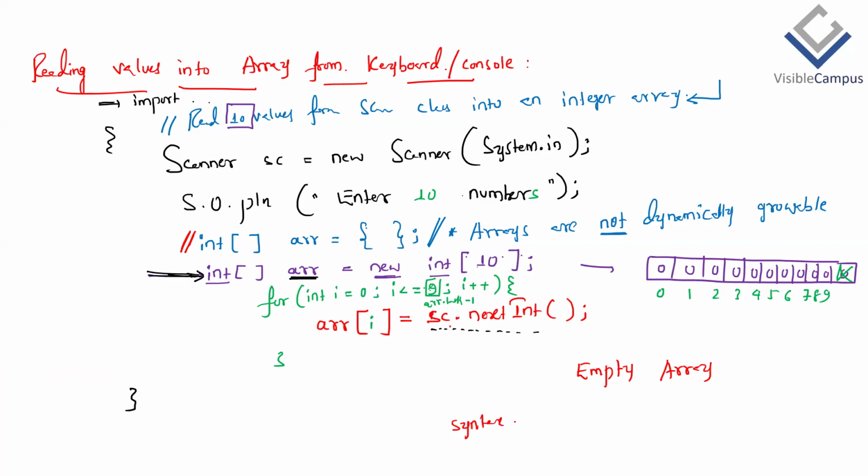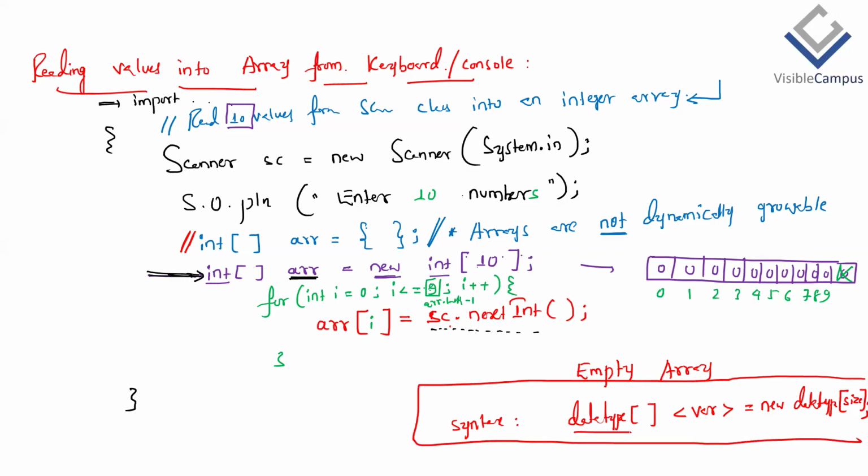The syntax is data type, then array square brackets, variable name of programmer's choice, then equals, then new, then the same data type, followed by square brackets with the size, then semicolon. So this is the syntax of declaring empty arrays in Java.